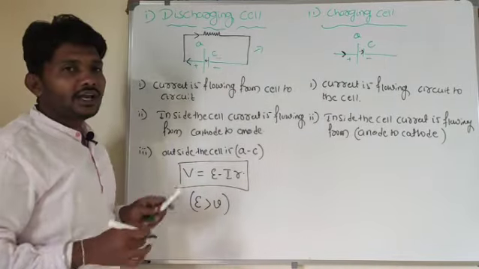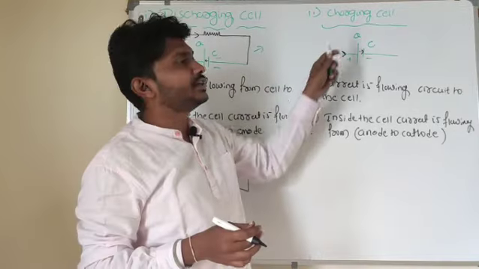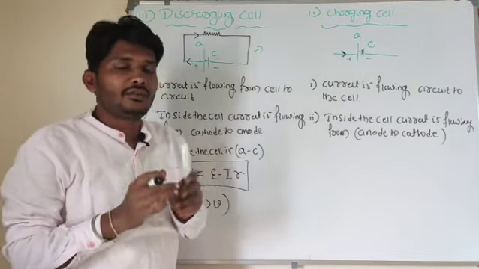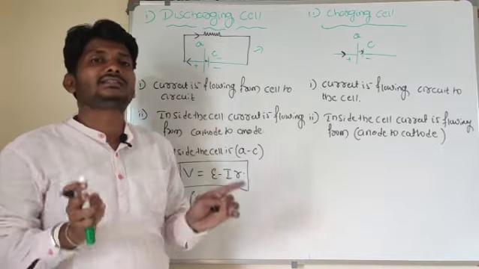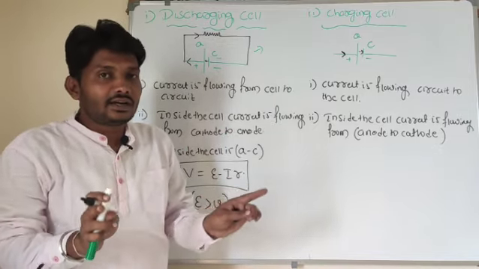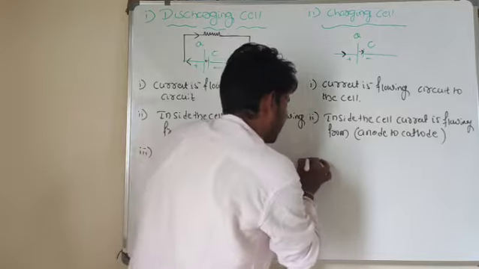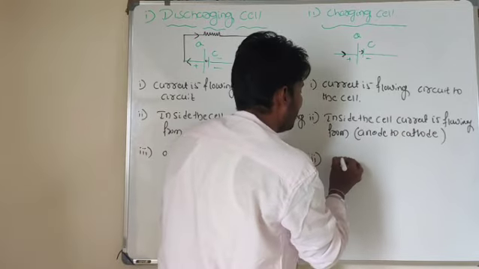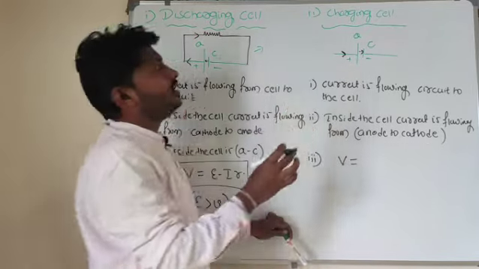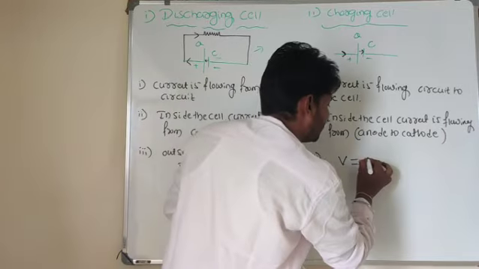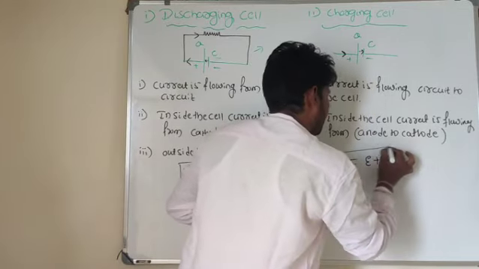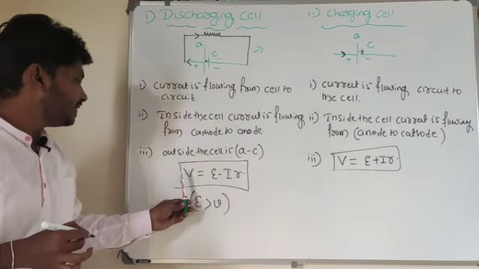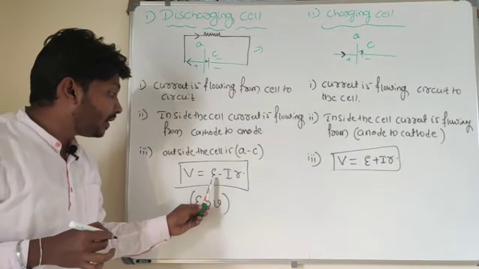Now we can consider, in case of the charging cell, what's the value of EMF here? EMF value in case of a charging cell is always less than the terminal potential difference. So remember the equation for the charging cell: V is equal to E plus I into R. Remember, for the discharging cell I wrote V is equal to E minus I into R. Why?